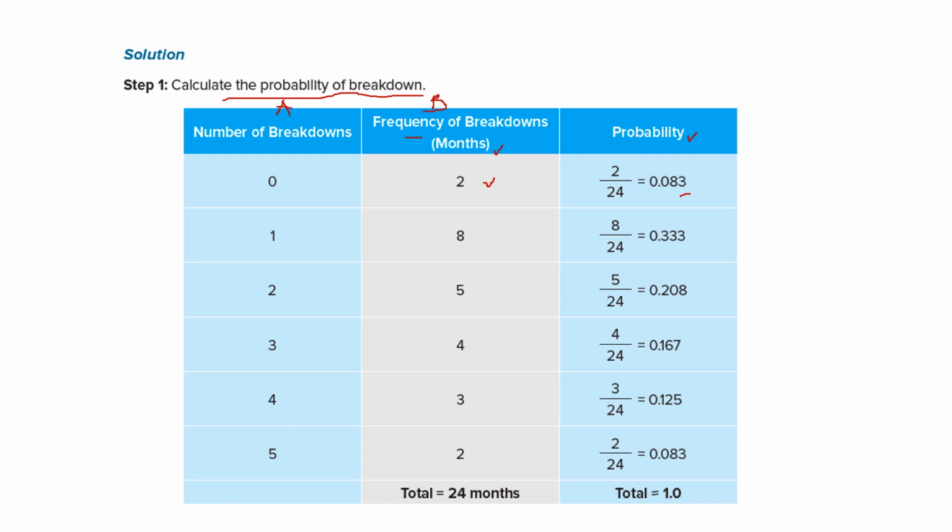So ini adalah daripada soalan, and we calculate the probability by taking the frequency divided by the total duration, 24 months, okay. So for the first calculation is we take the frequency 2 months divided by 24 and we get 0.083. 8 divided by 24 and we get 0.333, and you do until the end of the data.